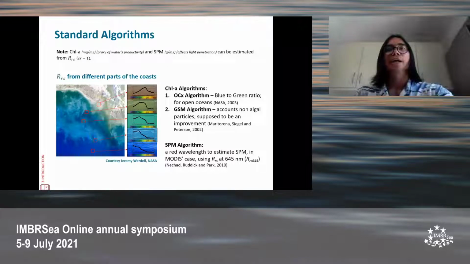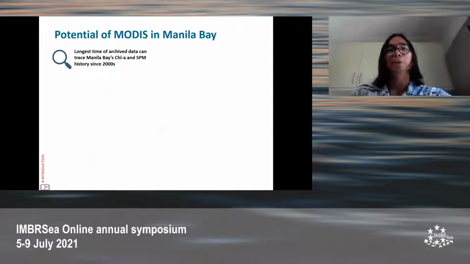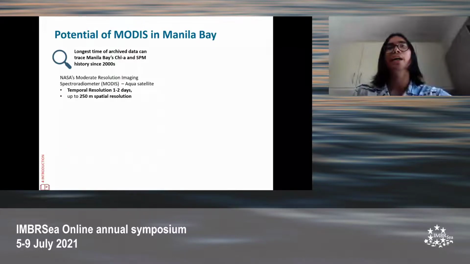For SPM, it can be estimated using the wavelength at 645 nanometers. There are many existing sensors at this moment, but we want to explore the potential of MODIS from NASA in Manila Bay. It has high temporal resolution and also a spatial resolution of up to 250 meters.